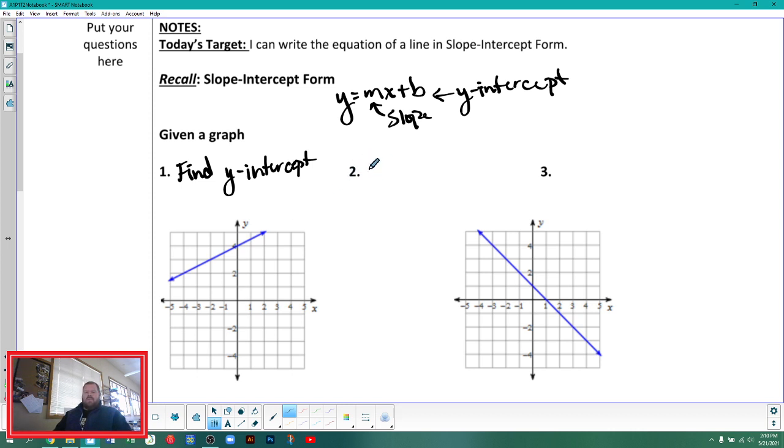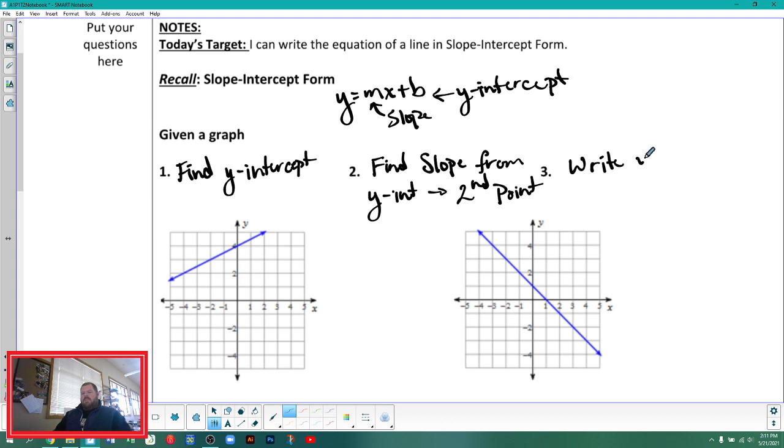Step two is find the slope, from the y-intercept to a second point, whichever second point you find. And then step three is write the equation, y equals mx plus b.